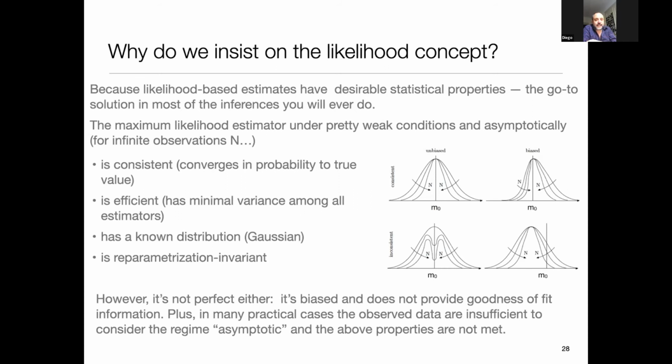And even if you're in an asymptotic regime, the likelihood is still not perfect. First of all, it's a biased estimator. It's known to be biased. And fortunately, the bias shrinks with an increasing number of observations, but it's still there. And another important element is that the maximum likelihood estimator does not provide any goodness of fit information.